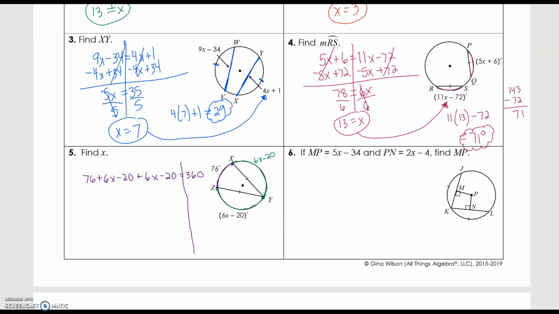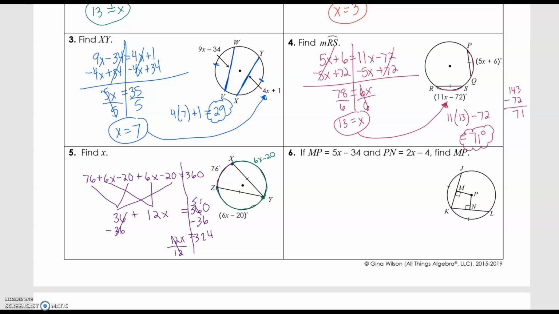So full circle equals 360. I'm going to combine my like terms. So 76 minus 20 is 56, minus 20 is 36. And then 6x and 6x is 12x equals 360 minus 36 on both sides. I get 12x equals 324.